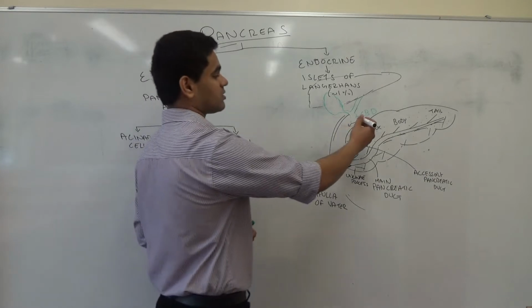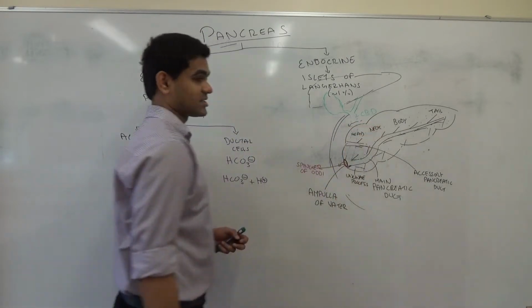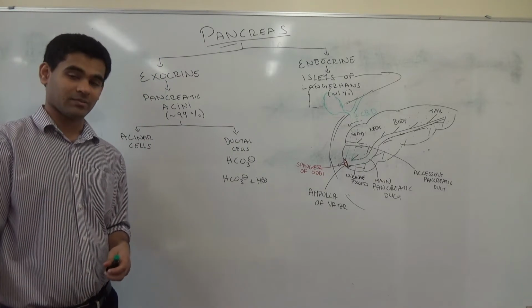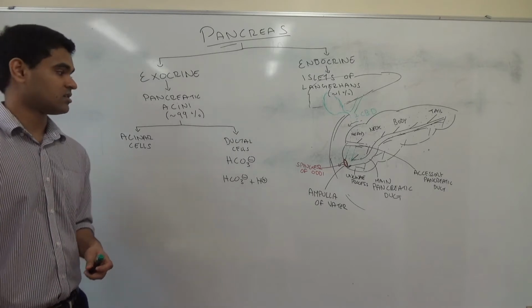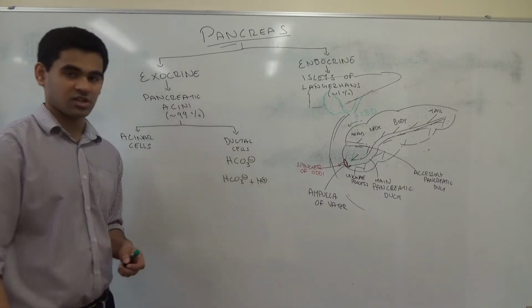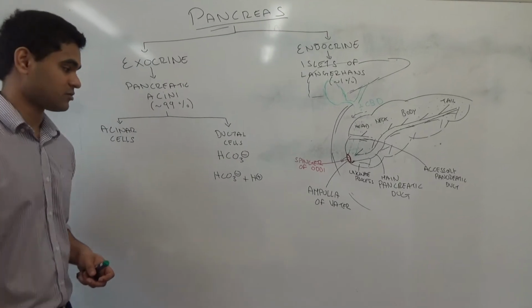So when chyme from the stomach first enters the duodenum, it's highly acidic, but the duodenal enzymes work best at alkaline pH. Because of this, these ductal cells secrete hydrogen carbonate in order to neutralize the hydrogen ions and to bring the pH up to alkaline levels.